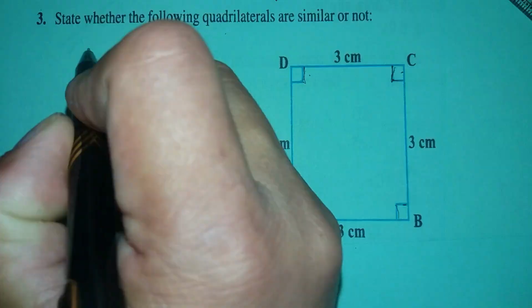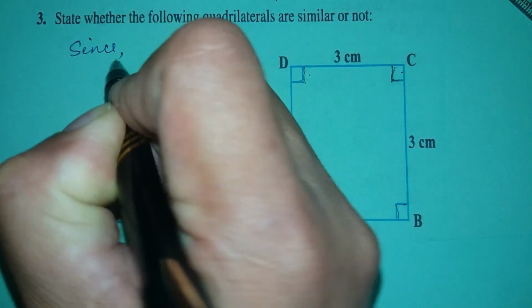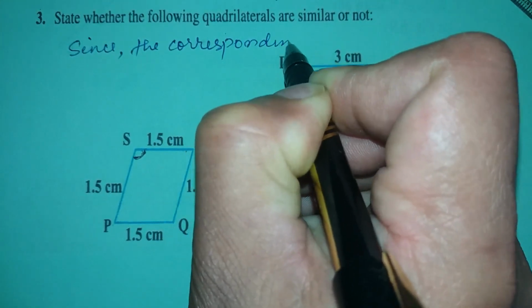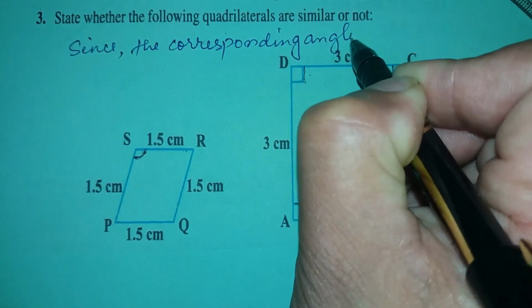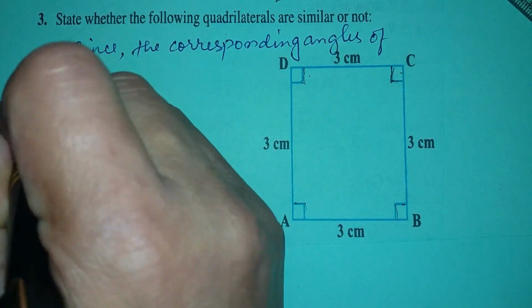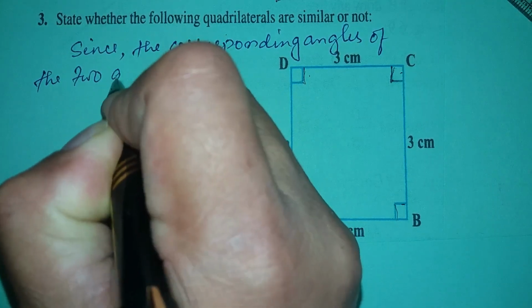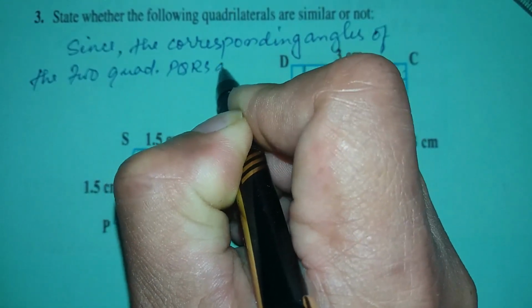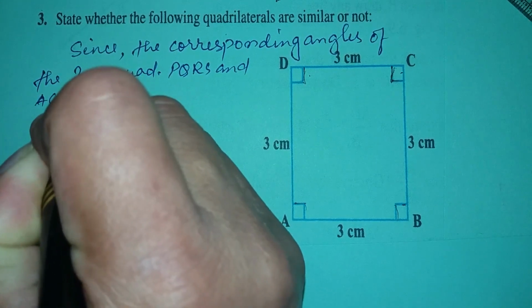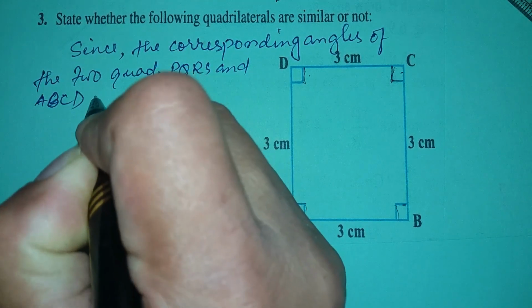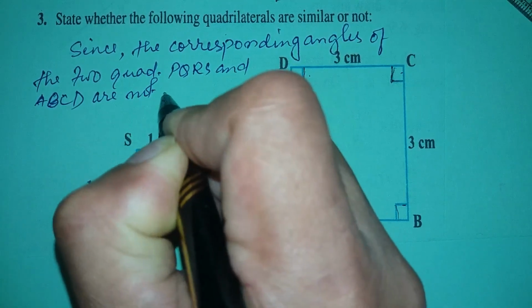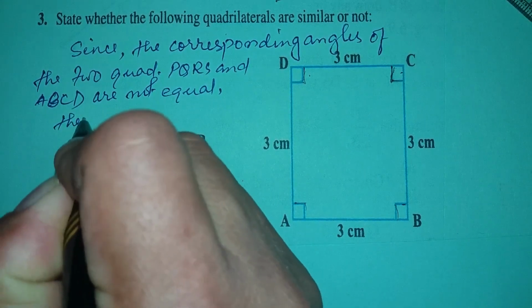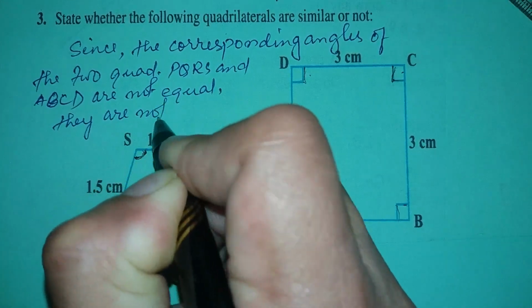So you can say that since the corresponding angles of the two quadrilaterals PQRS and ABCD are not equal, they are not similar.